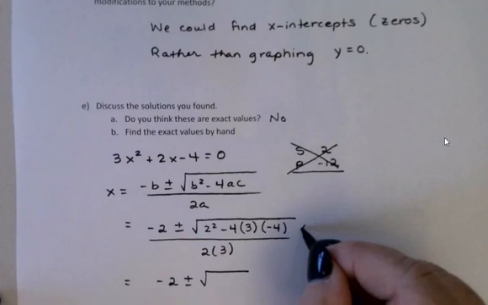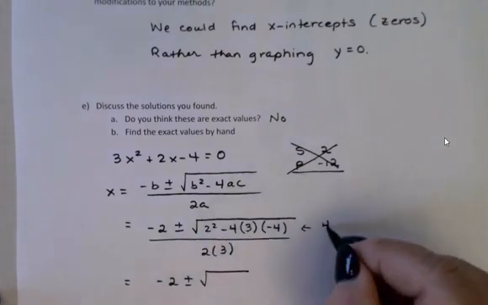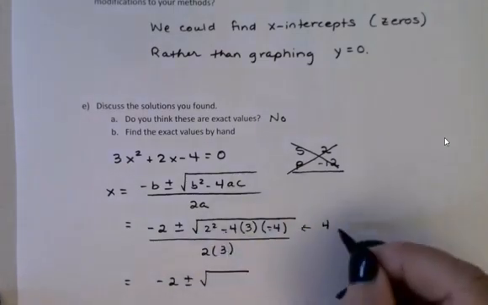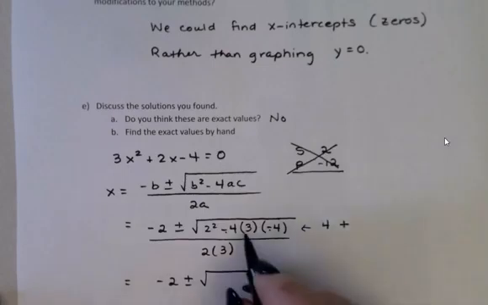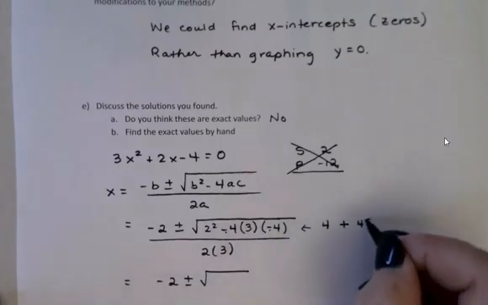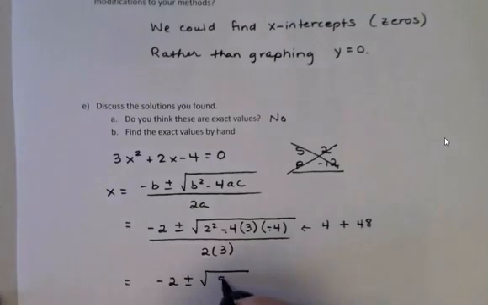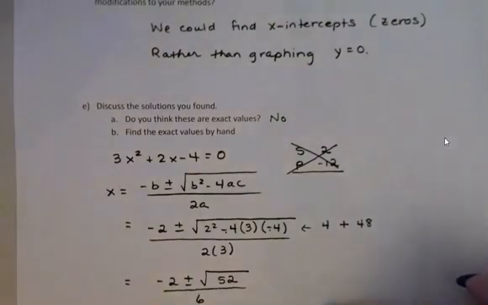Under my radical here, 2 squared is 4, minus a negative is going to make that plus. And 12 times 4 is 48. So I actually have 52 under the radical, and 6 on the bottom.